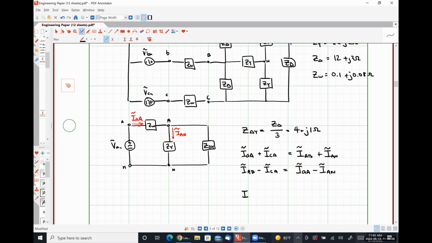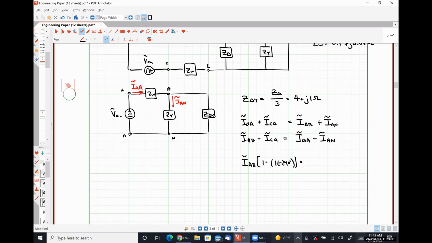This tells me that IAB times 1 minus 1 angle negative 240 is equal to IAA minus IAN, or IAB is simply IAA minus IAN divided by 1 minus 1 angle negative 240 degrees.